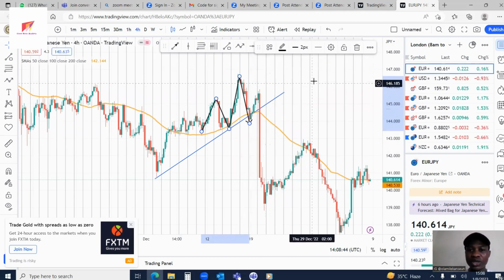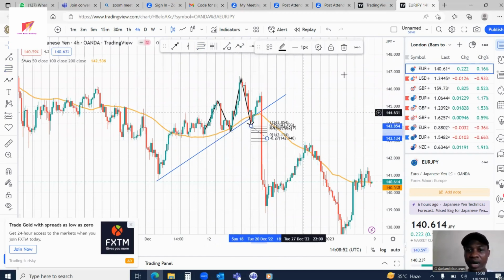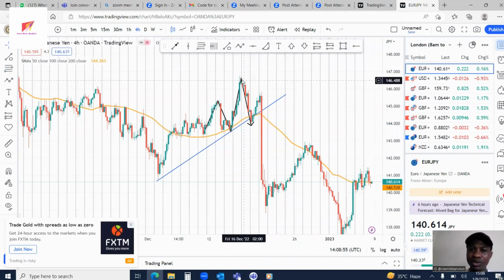So when the market got here and started retracing back, what I did was just to bring out my Fibonacci retracement and extension.